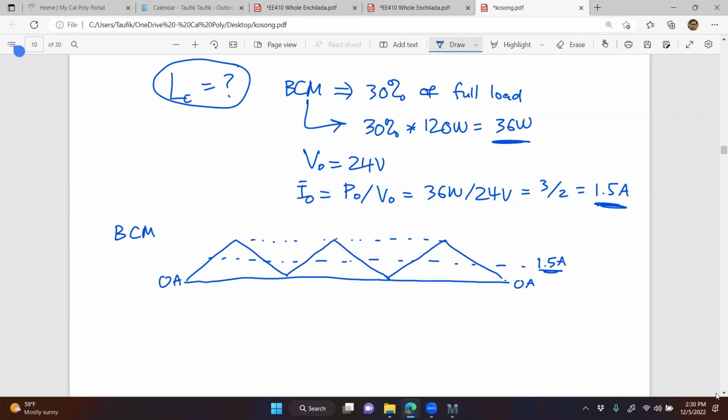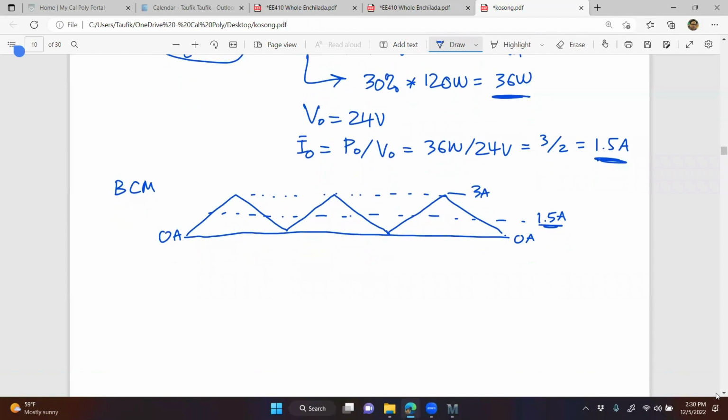Therefore, the peak value is how much? 3 amps, yes. So now I know delta IL. From here to here, that's 3 amps.